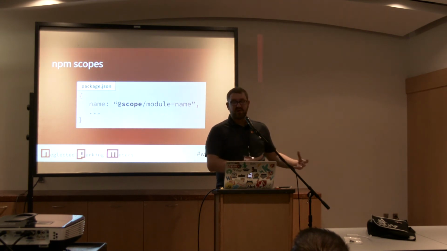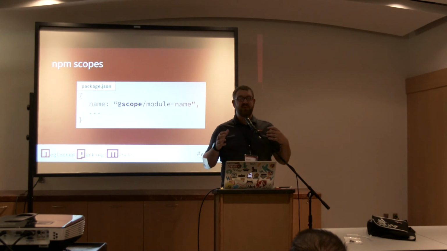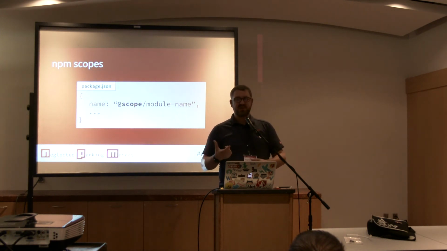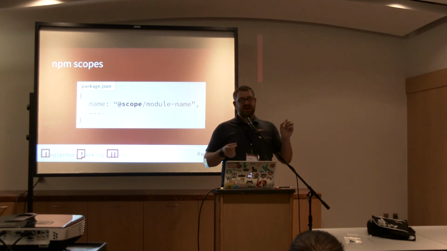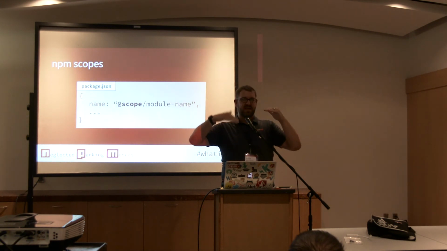But at Workfront, we use a private registry. So one of the things we've been able to do is take all of the modules which live under our modularity contract, which we've set up, and part of the contract says you have to be in this scope. Why do we want that? Well, the nice thing is when something's in a scope and it goes to install, it will install it not directly in your node_modules directory, but make a subdirectory with the name of your scope and then install it inside that.